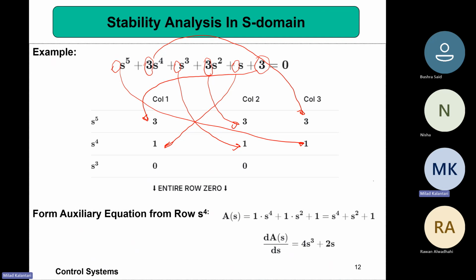And then we try to calculate something like the determinant of the 2 by 2 matrix. For example, the first matrix is like this. So the determinant we calculate is 1 times 3, a negative of the normal determinant. 1 times 3 minus 1 times 3 will be 0. We put it here.